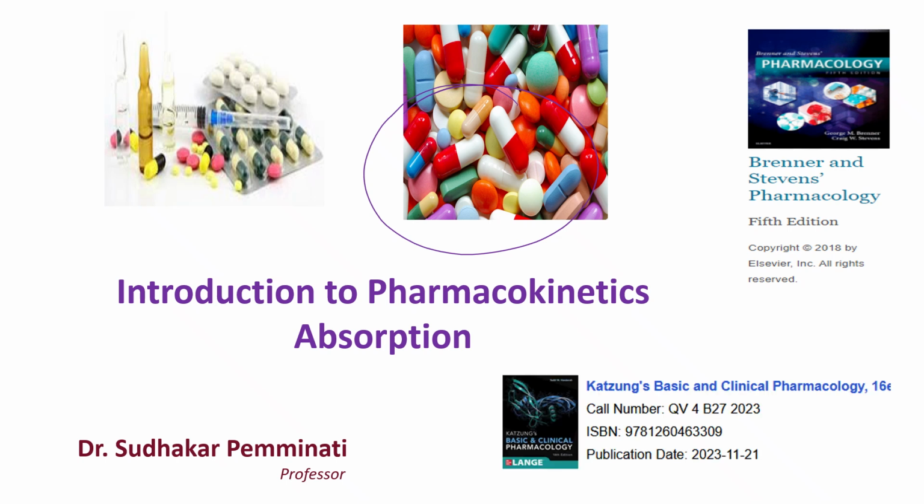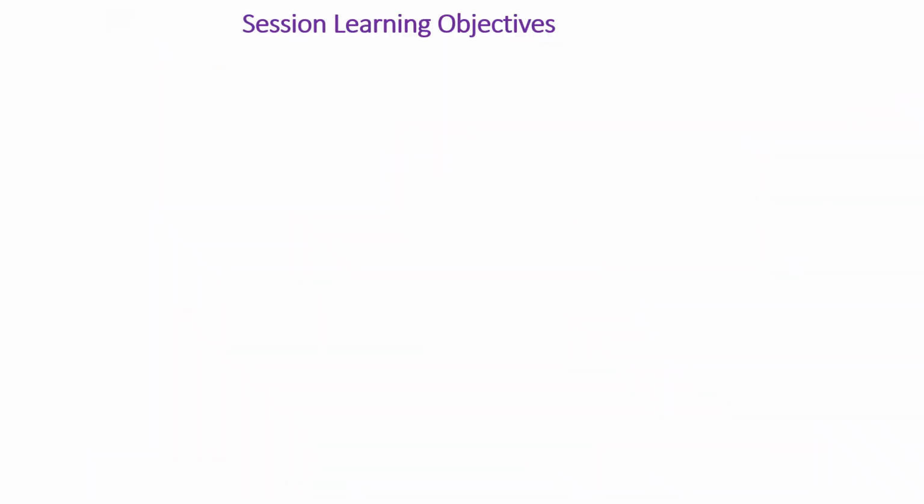The recommended standard textbook for board exams is Katzung's Basic and Clinical Pharmacology. Another book we have is Goodman and Gilman, that's a big one. If you are okay with that, you can go with Katzung, or if you want a lighter version, Brenner's Pharmacology also. All right.